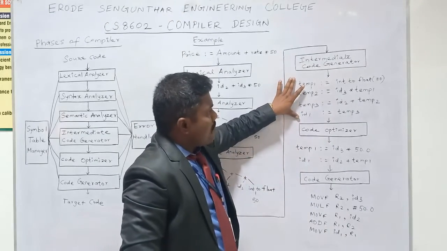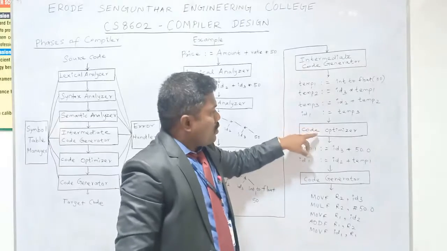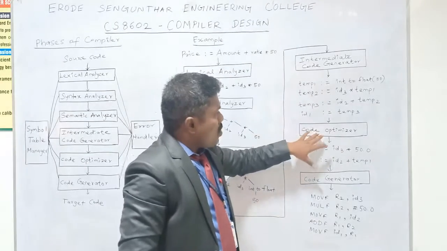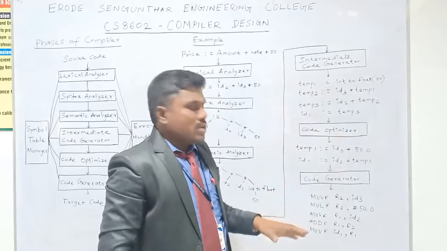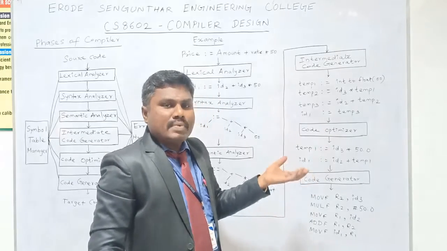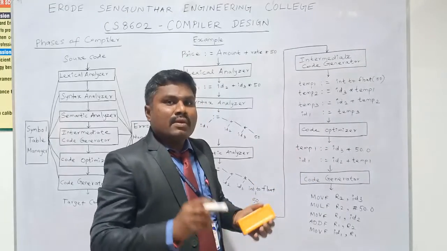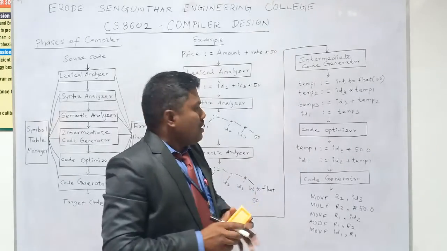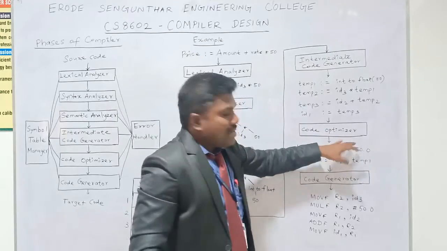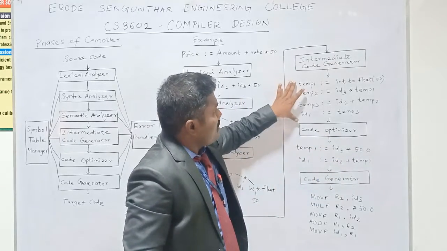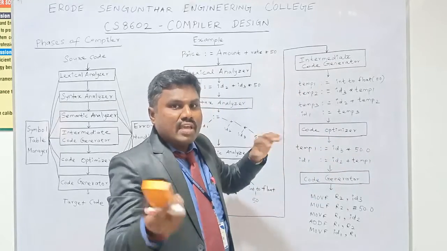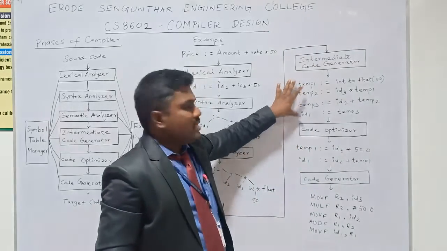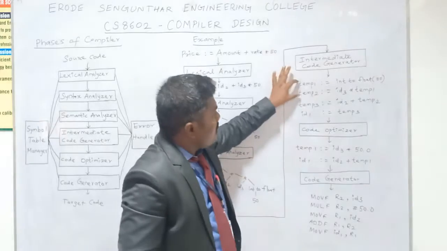Now, this intermediate code we are going to give as an input to code optimizer. What is code optimizer here? Code optimizer optimizes the code. For what purpose are we optimizing the code? For giving the better code. As a programmer, we need to write better code. In what way does this code optimizer optimize the intermediate code? It removes redundant lines.